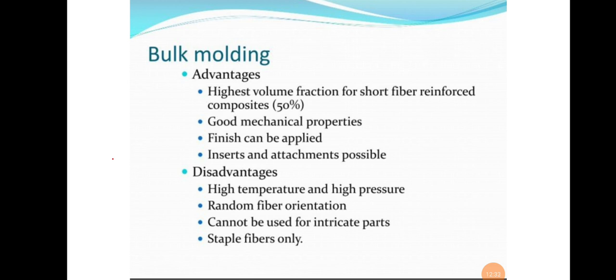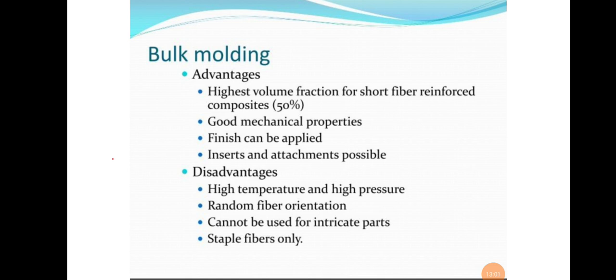Now see here, we can go to some advantages and disadvantages related to bulk manufacturing of composite material. The advantages are: the highest volume fractions for short fiber reinforced composite, generally around 50 percent. Related to bulk modulus, we get good mechanical properties.